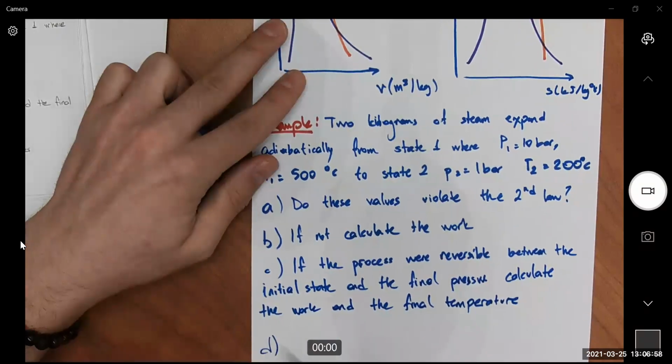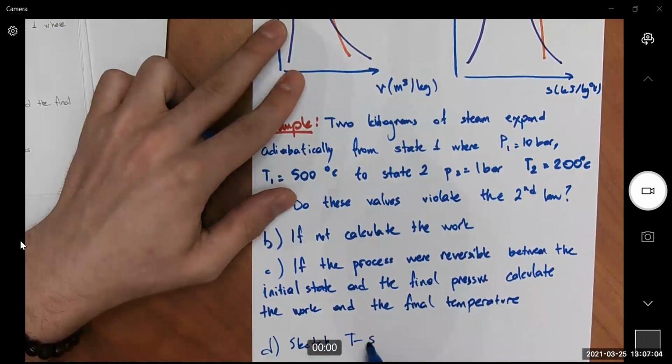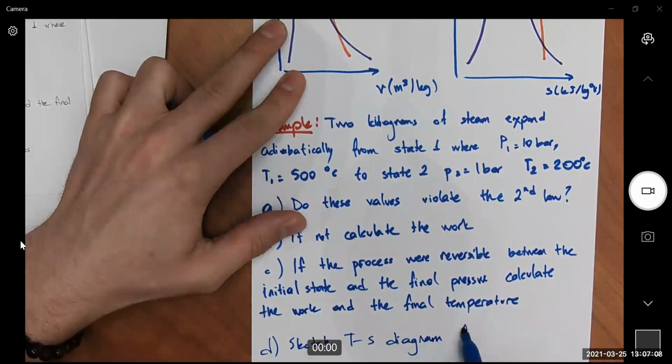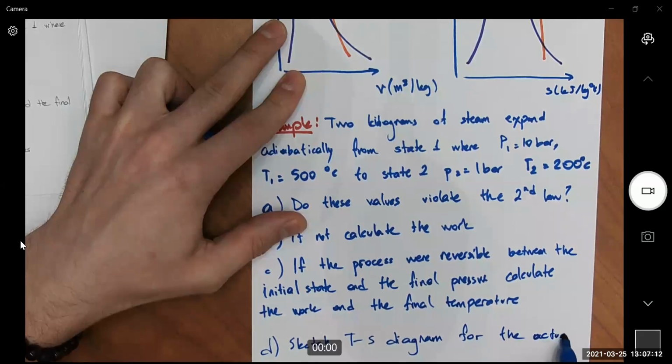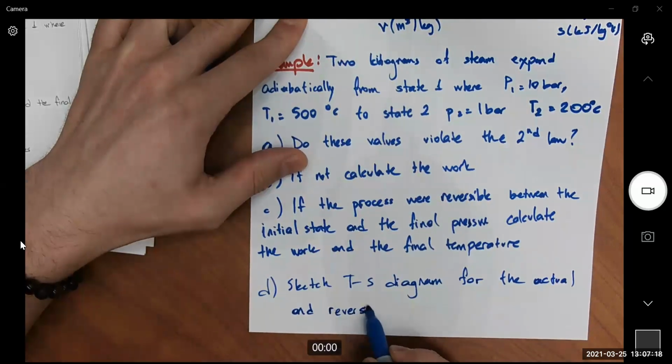D, of course, sketch process line on a TS diagram, for the actual and for the reversible processes.